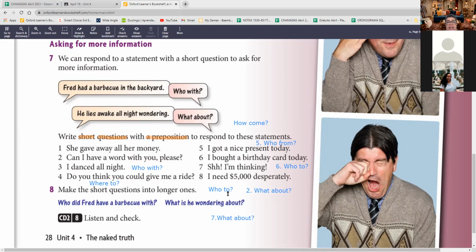And finally, I need, oh my God, look, I need $5,000 desperately. How come? Very good, Lorena. You can ask how come, but again, in the exercise, they want us to use a preposition. So let's save how come for later, okay? Let's use another question here.